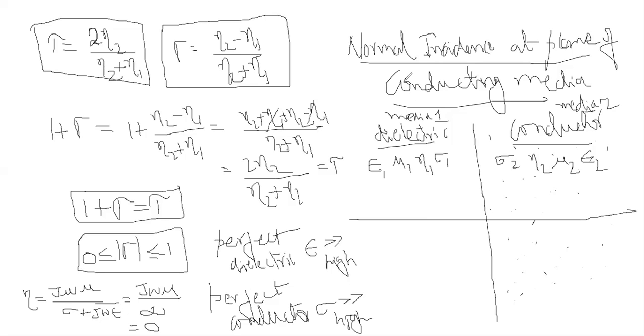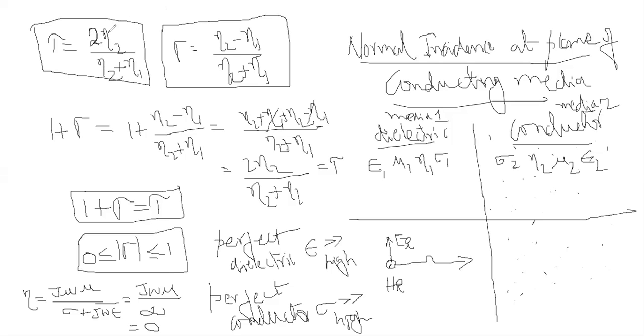So for normal incidence at a plane conducting medium, what is the transmission coefficient? If I take the incident beam EI and HI at normal incidence, there is no transmission because eta 2 is 0.